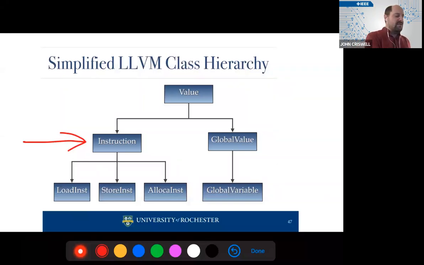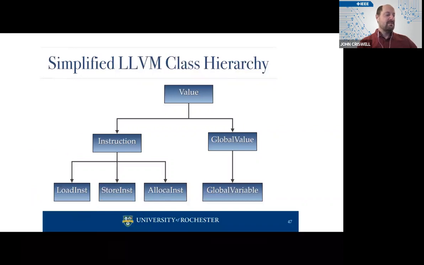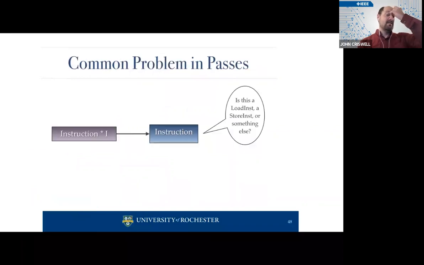I want to know if it's a load instruction or a store instruction or an alloc instruction. I want to know what kind of instruction it is, which means I need to figure out what subclass the object actually is, right? I get a pointer to an object of the superclass type. I need to figure out what subclass type it actually is. And so LLVM is going to give us the ability to do that.